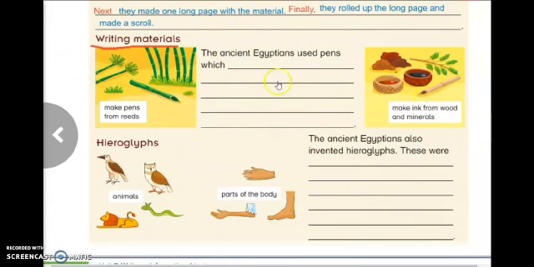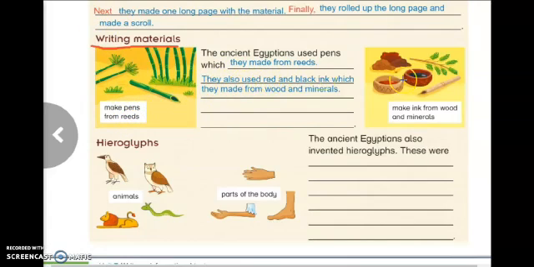As you can see here, we have two labels: make pens from reeds and make ink from wood and minerals. The ancient Egyptians used pens, which they made from reeds.